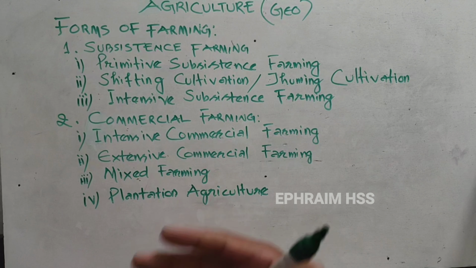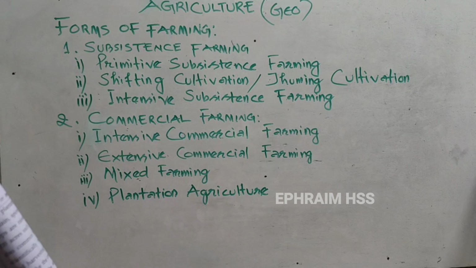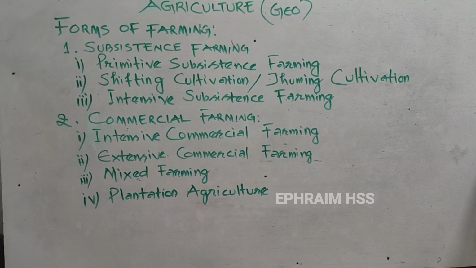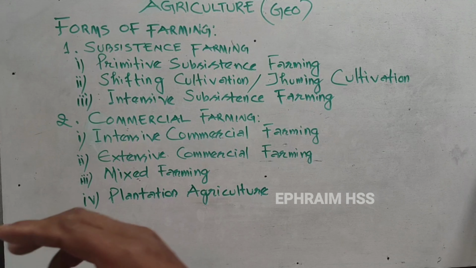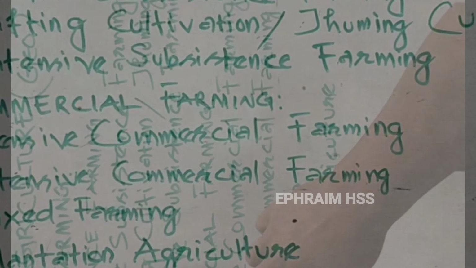And after 4 or 5 years, again the same patch of land is used. By then, the soil regenerates its fertility. The yield is very low because manure or chemical fertilizer is not used. And such types of farming are very common in all the tribal areas of India.